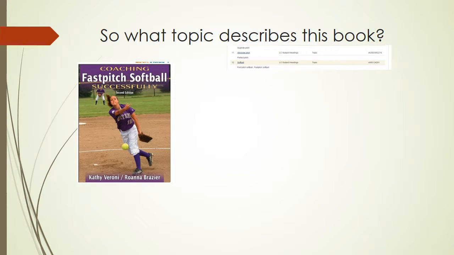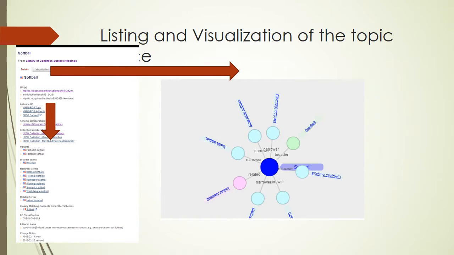But we were looking for fast pitch softball. So we know to use that softball heading. Let's take a look at it. So there's those URIs. We find out that you can subdivide geographically.